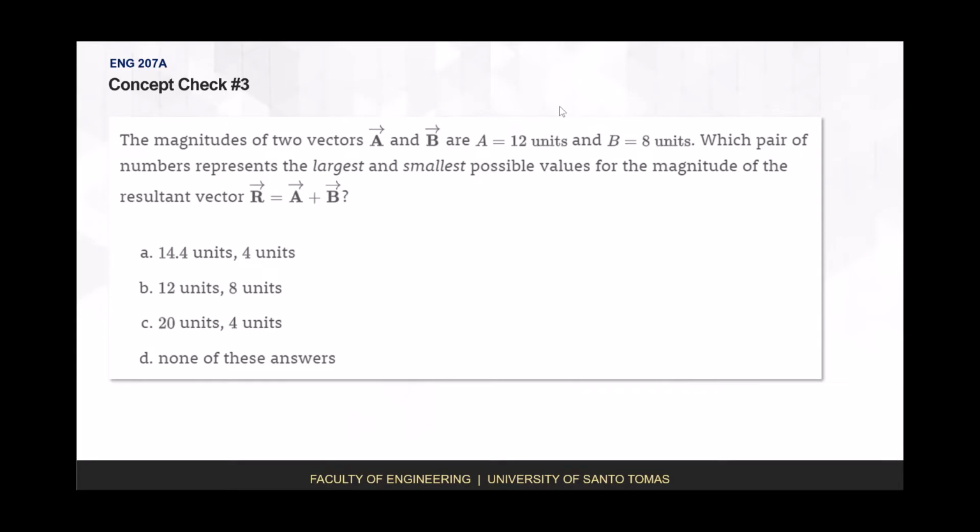Is it A, 14.4 and 4, B, 12 and 8, C, 20 and 4, or D, none of these answers? I'm gonna give you a clue, it's not D, okay? There is an answer. So the first one who got it right is Ruel. Yeah, it's actually C. So the largest is what? 12 plus 8, right? So that's 20. But if you add a negative vector there, or the opposite of a vector on either side, the smallest one will be 4.